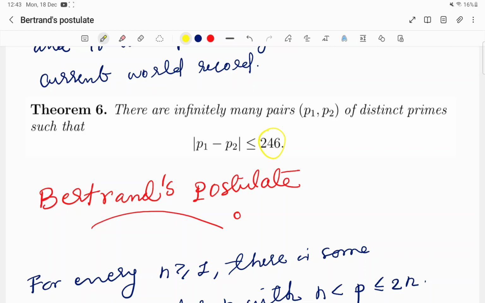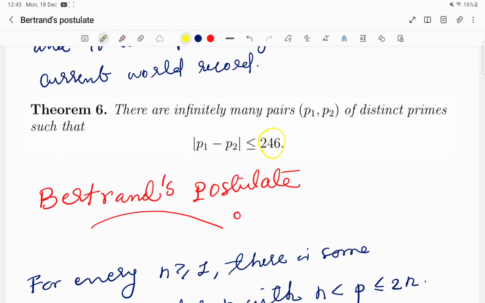So when I start searching from p, then p plus 1, p plus 2, p plus 3, before I reach 2p, I definitely get a prime q. That's what Bertrand's postulate is telling.